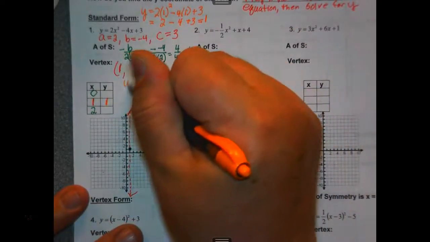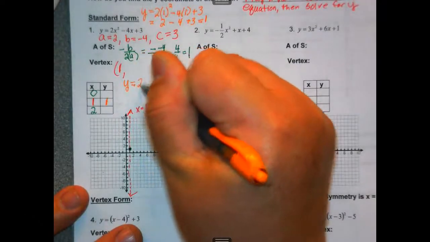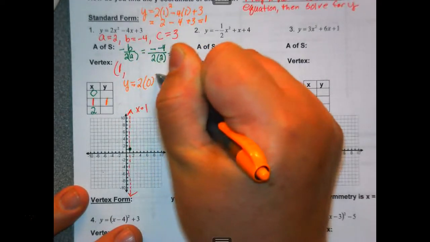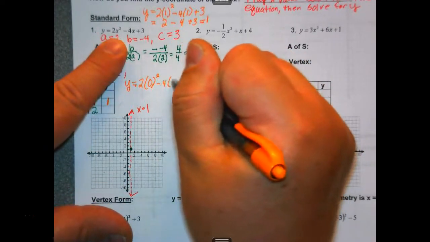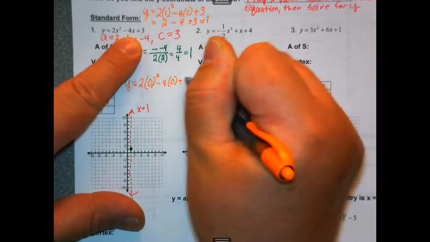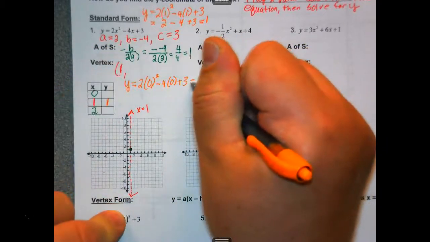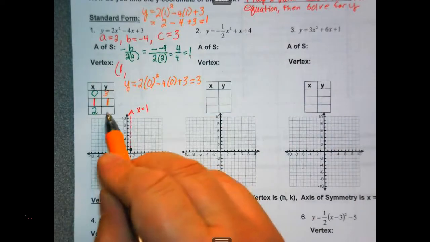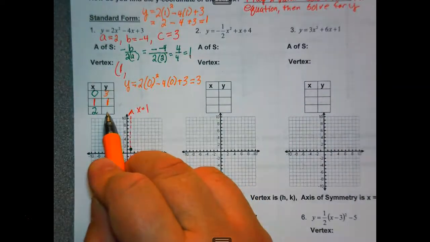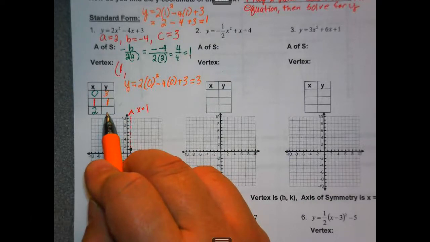Y equals 2 times 0 squared minus 4 times 0 plus 3. So what's y? 3. What do you think this one's going to be? Not negative 2. It's symmetrical. What do you think this y is going to be? 3.